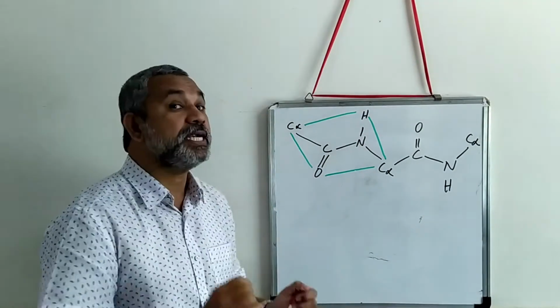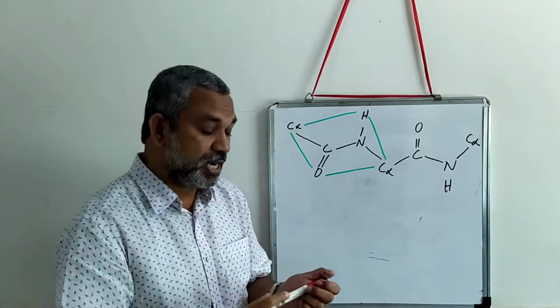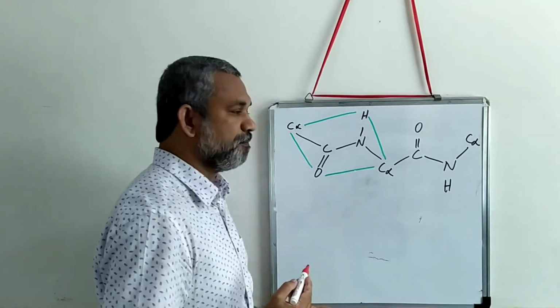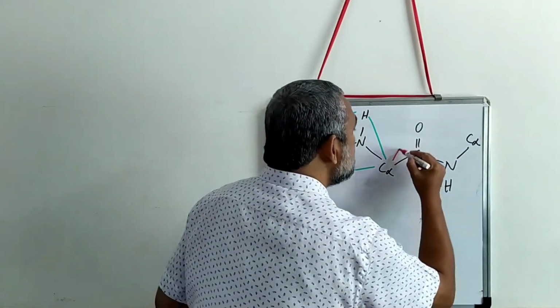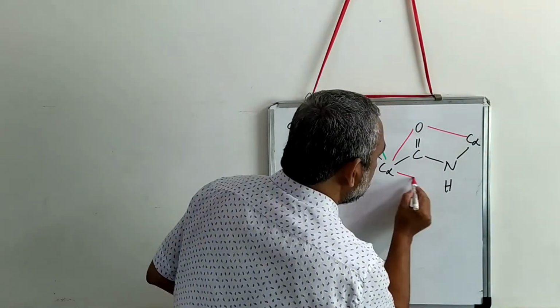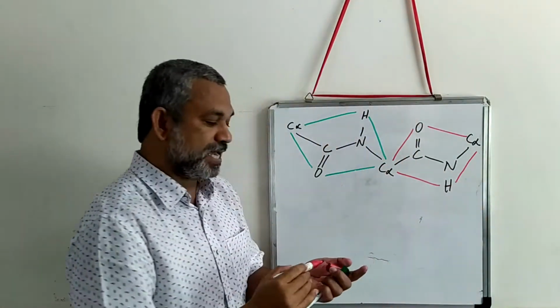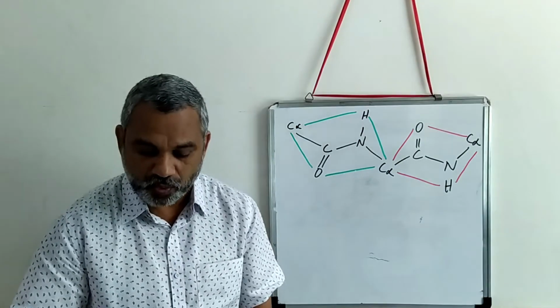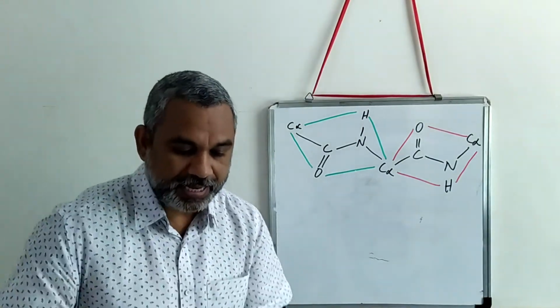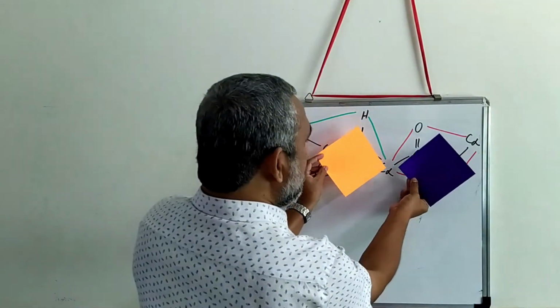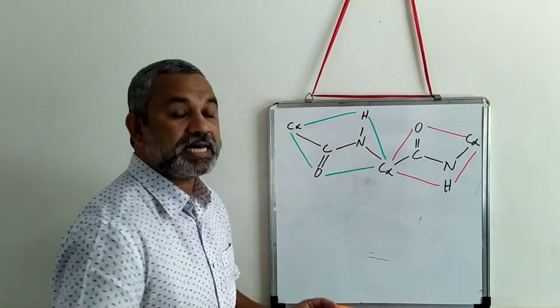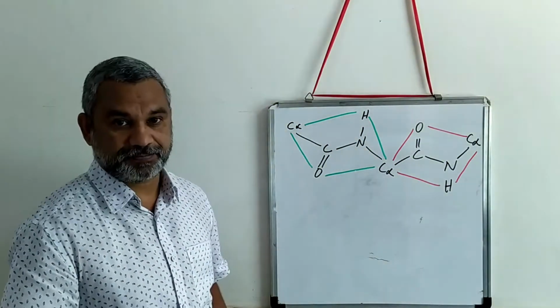So it has a partial double bond character. If the second plane is also formed similarly, two planes have been formed around the C alpha carbon atom.